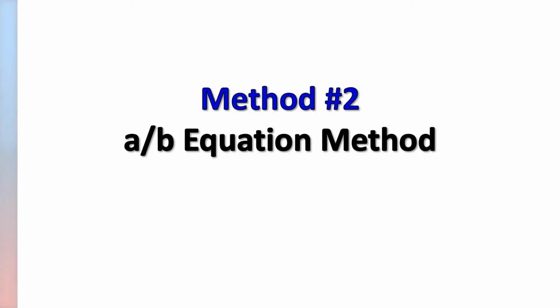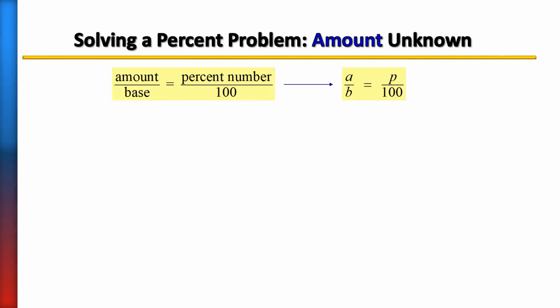Now I'm going to show you another method you can also use to solve these equations involving percents, which is the A over B method. So if you've ever heard of A over B equals P over 100, the A stands for the amount, B stands for the base, and P stands for the percent.